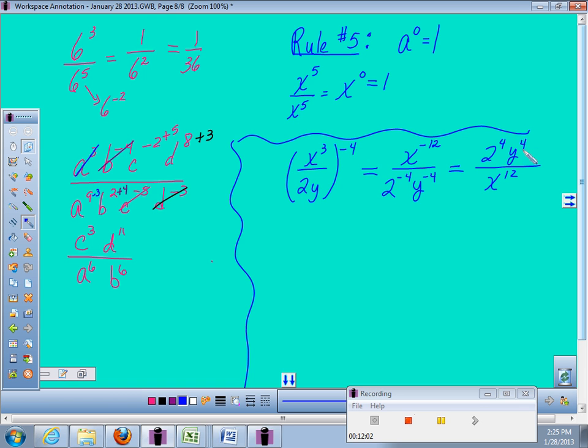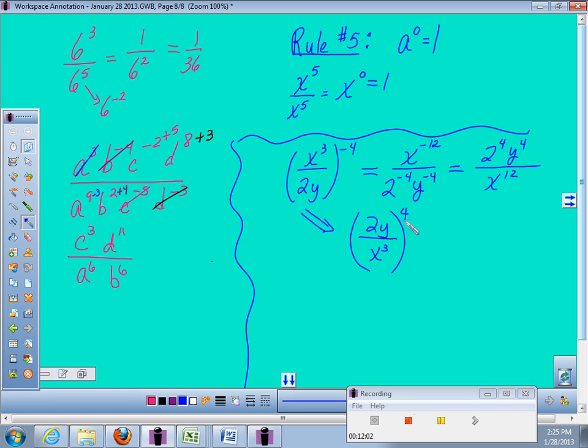So, what I recommend, the quicker way, if you have a fraction with a negative power on it, that negative is going to make every term flip over. So if it was me, I wouldn't do it that way. That's legal. I would go, hey, I'm just going to switch this thing around, put the 2y on top, the x cubed on the bottom, and put a positive 4 power on it. Then I don't have to mess with all the negative powers.